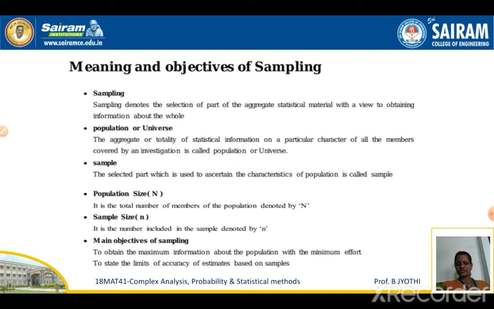The main objectives of sampling are to obtain the maximum information about the population with the minimum effort, and to state the limits of accuracy of estimates based on the samples.